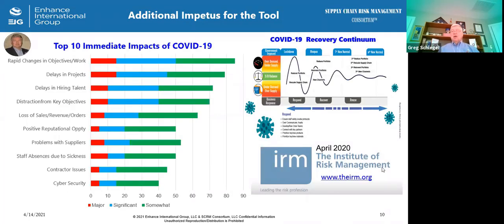This is a picture image, top right, we're going to talk about in a minute about our 3 R's and the bullwhip effect. Down on the bottom is what's called the Institute of Risk Management. They're out of the UK. They are a pure risk education organization. We partner with them.